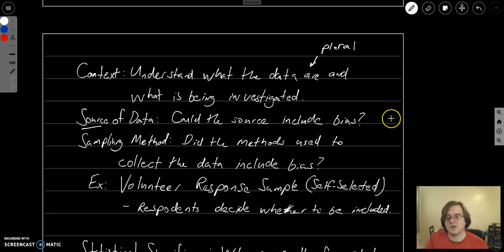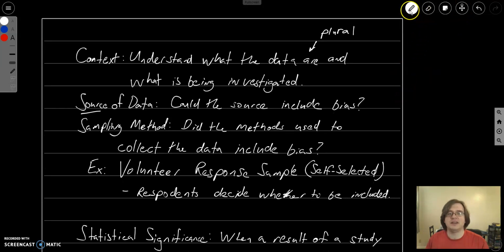So understanding whether or not the data is coming from, say, a stranger on Facebook, or a more reputable source, say, a research institution at a university or at a private research institution, and whether or not these sources, for instance, were sponsored by people or organizations that would want the study to come out in a particular way. Understanding the source of the data is often important, but it doesn't necessarily invalidate the research.